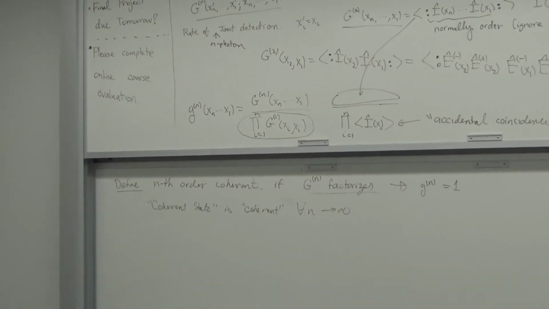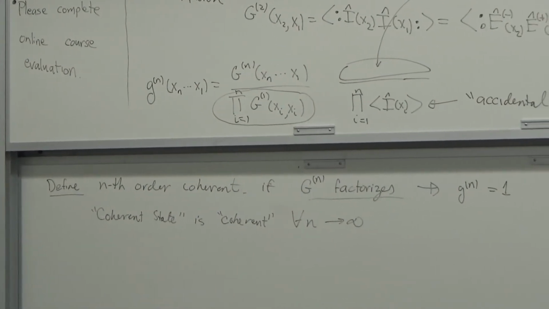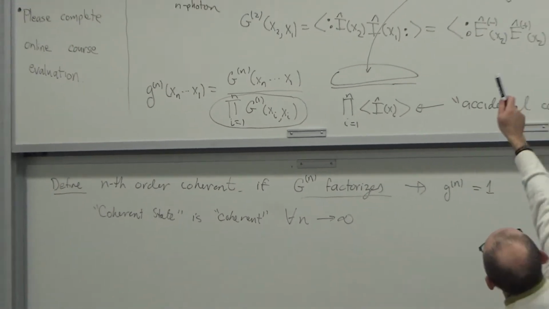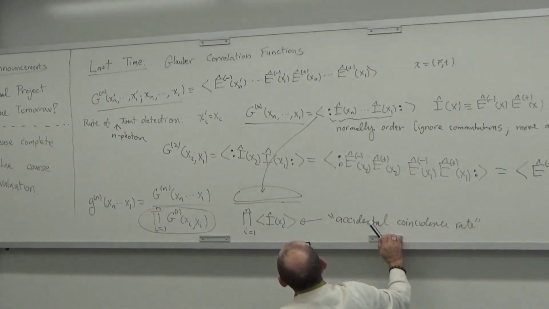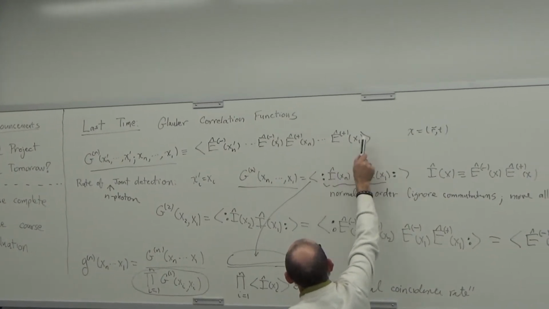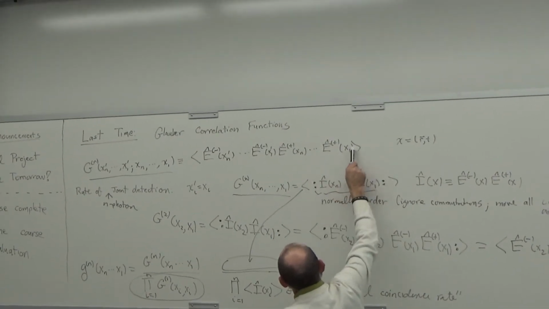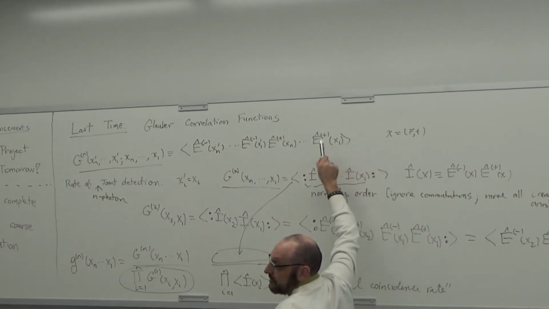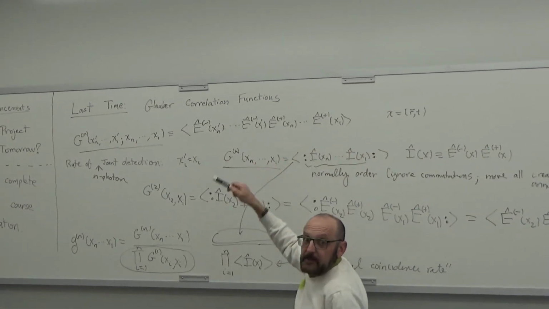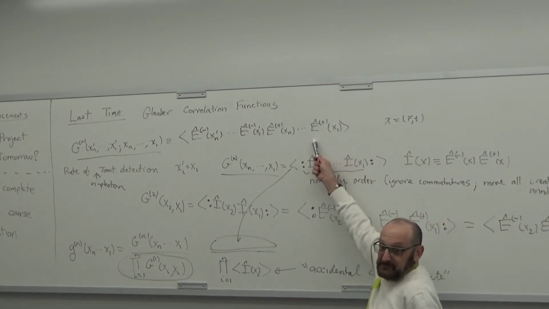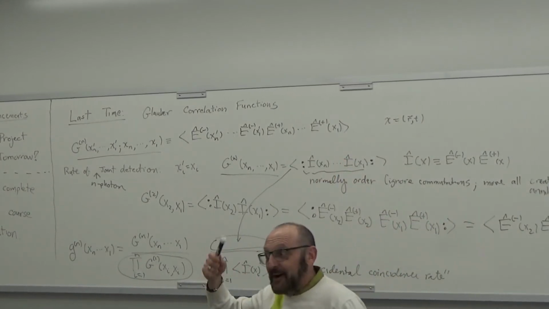So in a coherent state, of course, as we briefly discussed last lecture, this kind of correlation function, if it's a coherent state, then when this operator hits the state, it is just replaced by an eigenvalue. And then the next operator is replaced by an eigenvalue, because the state is an eigenvector of E plus, because it's an eigenvector of the annihilation operator.